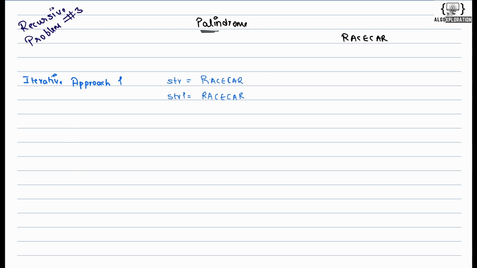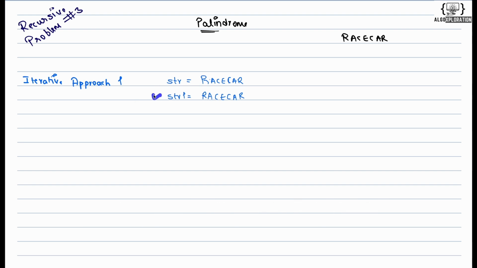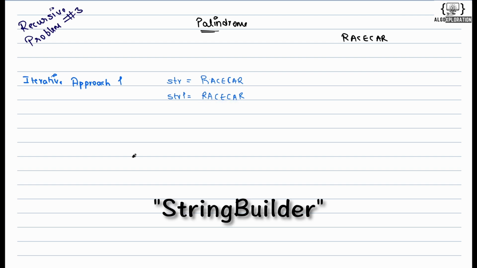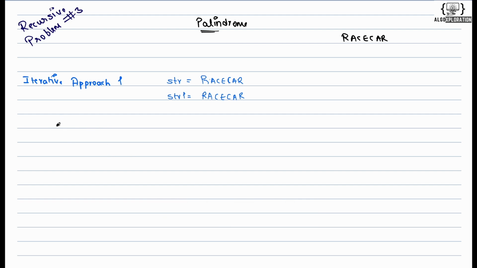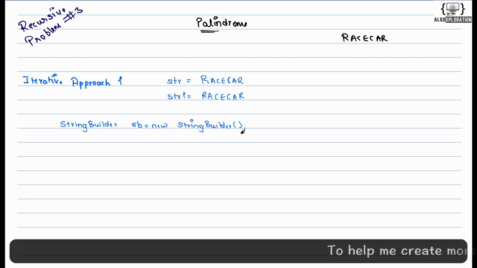Now in Java we know that strings are immutable, right? We can't simply create this str1 and start putting letters one by one. So here I'm going to take the help of StringBuilder. First let's create the StringBuilder: sb equals new StringBuilder.